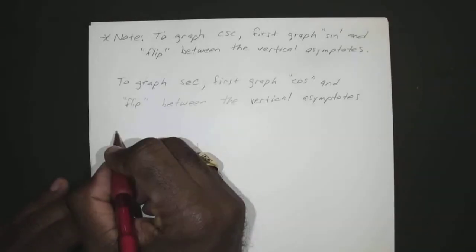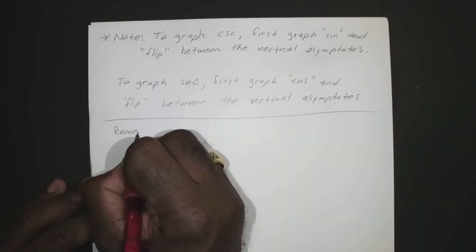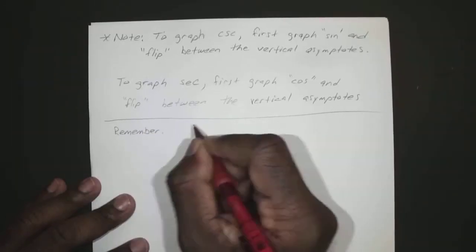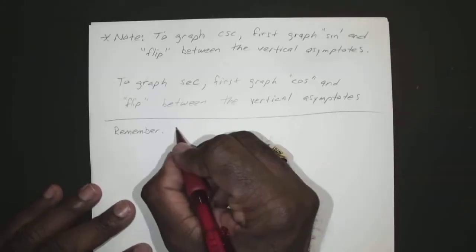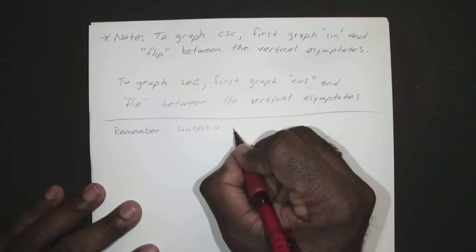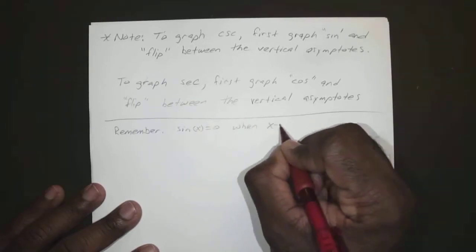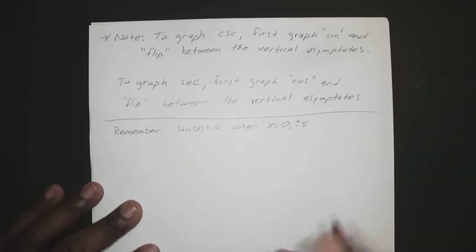Okay, so to do that, there are really two things you want to remember. Because before we needed to know everywhere sine was equal to 0. So sine of x equals 0 when x equals 0. You can say positive or negative pi, but you don't need to know the positive and negative.